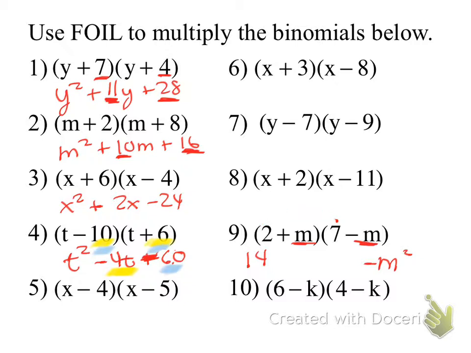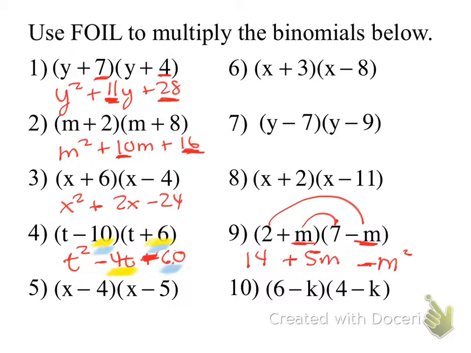It's the sum of positive 7, negative 2. So double check yourself. You can FOIL it. Your inner and outer term come from both of these. So negative 2, positive 7 is what? What is it, guys? 5. Positive 5 or negative 5? Positive 5m. My linear term is this.